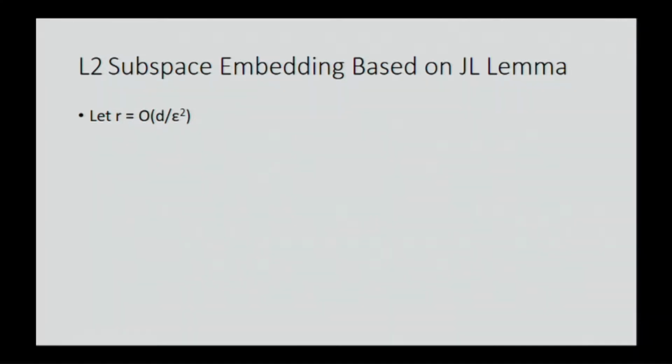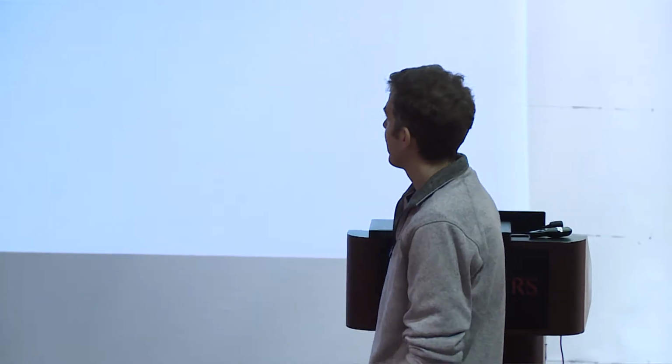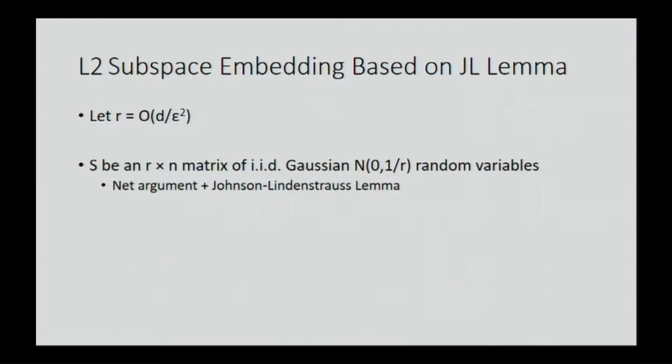Okay, so we know a lot of subspace embeddings for the 2 norm. In particular, if we choose the number r of rows to be order d over epsilon squared, then a sketching matrix S with r rows, where all the entries are IID normal random variables with mean 0 and variance 1 over r, gives you a subspace embedding.